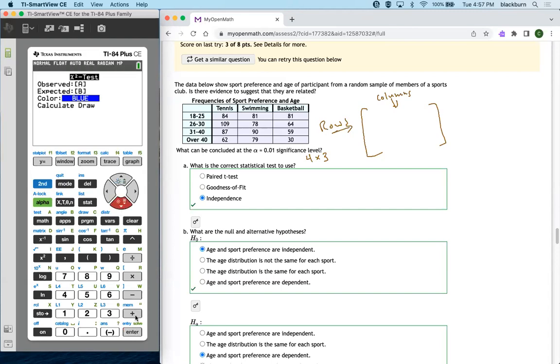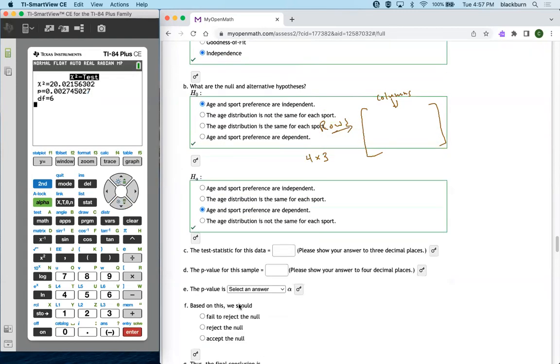So then we go down to calculate, and there we go. Our test statistic is 20.02, and our p-value is 0.0027. That's right, I've got to enter it to 3 decimal places.